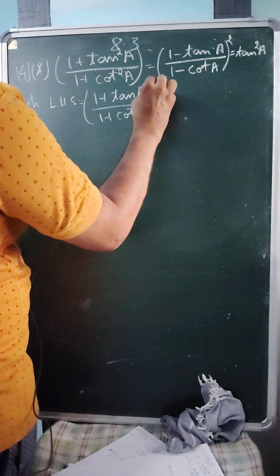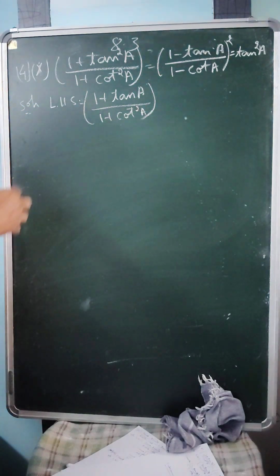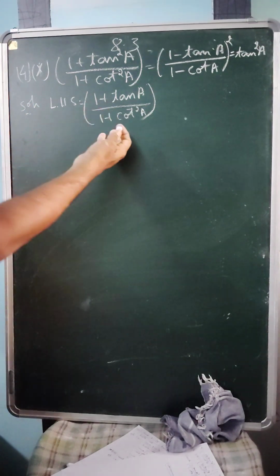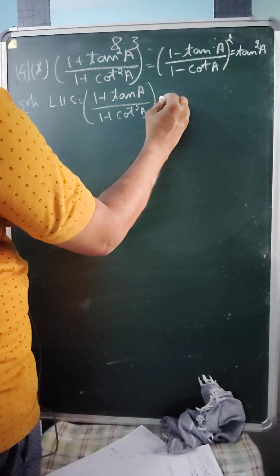LHS is equal to (1 plus tan square A) whole divided by (1 plus cot square A). I will convert the values into tan form.